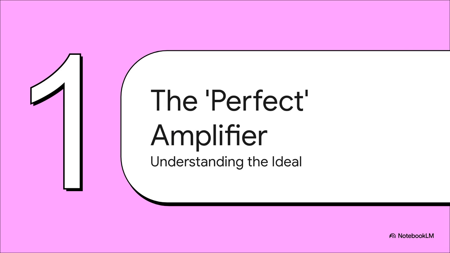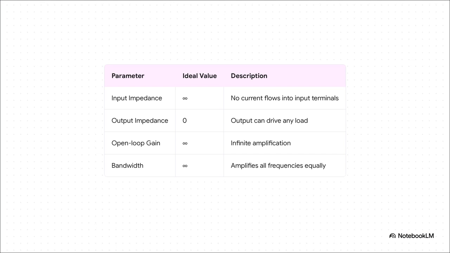Now, to really get a grip on what makes the op-amp so special, we first have to look at it in its perfect, idealized form. Just think of this as the theoretical blueprint. It's what every real-world op-amp is trying to be. Okay, so look at these ideal characteristics. They're kind of crazy, right? Infinite input impedance. That means it can read a voltage without drawing any power at all, like a perfect spy just looking at the circuit.